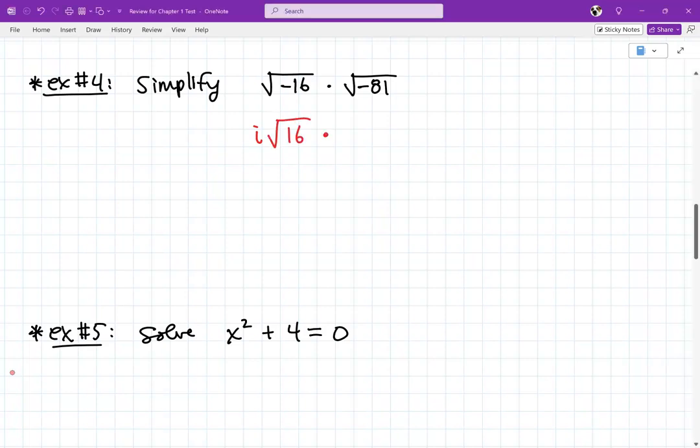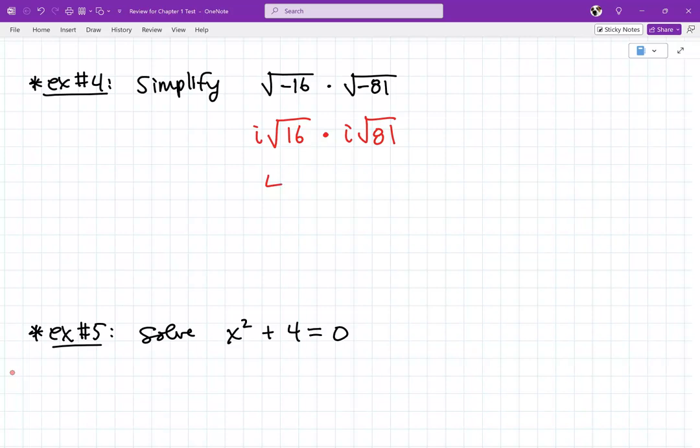But that's what happens. i radical 16. And then square root of negative 81 becomes i square root of 81. Okay? So now that I've done that, I have the square root of 16 is what? 4.